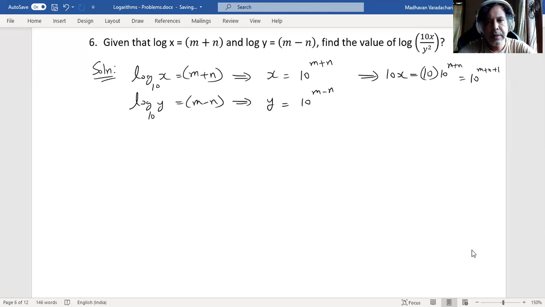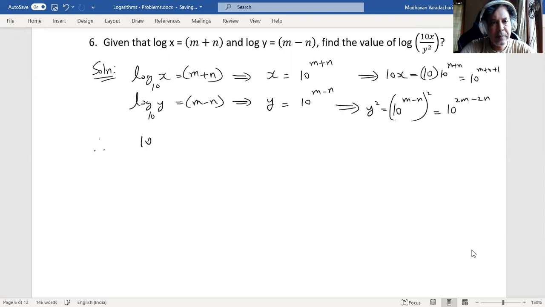Now, this means y square equal to 10 power m minus n, the whole square, which can be written as 10 power 2m minus 2n. Therefore, 10x by y square is equal to 10 to the power of m plus n plus 1 divided by 10 to the power of 2m minus 2n.